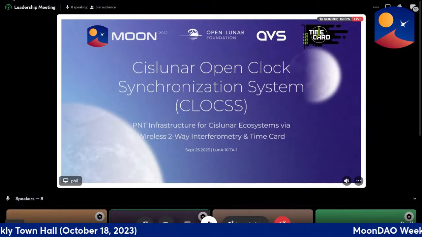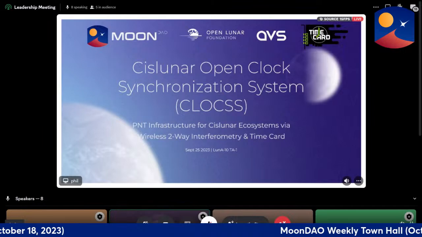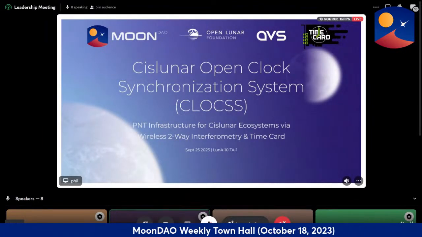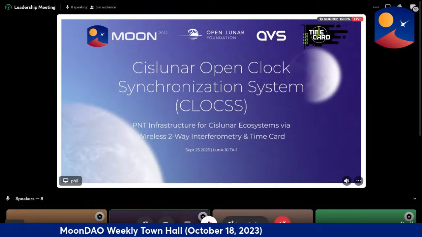So this is just a 20-slide explanation of our proposal to DARPA's Luna 10 solicitation.